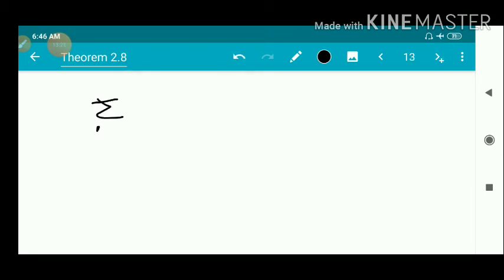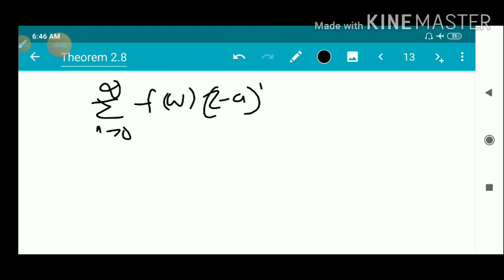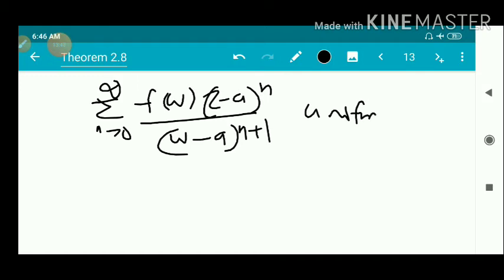That is, sigma n equal to 0 to infinity f of w into (z minus a) whole raised to n, divided by modulus (w minus a) whole raised to n plus 1. Also, that series sigma n equal to 0 to infinity f of w into (z minus a) whole raised to n divided by (w minus a) whole raised to n plus 1 uniformly converges by the Weierstrass M test for series.